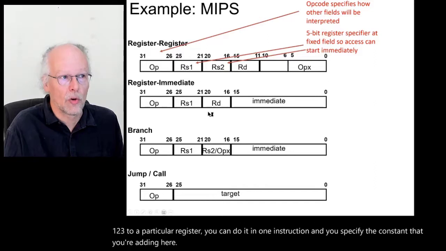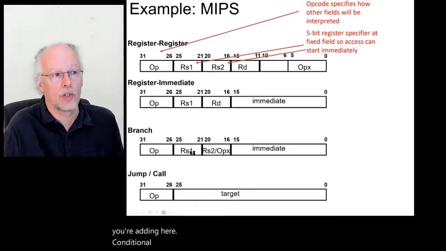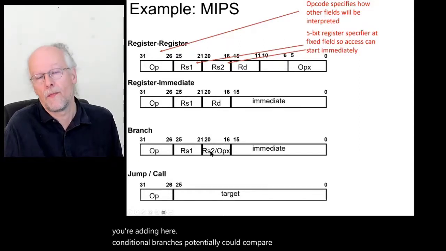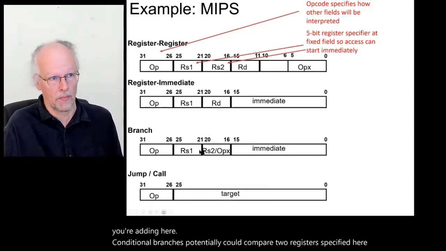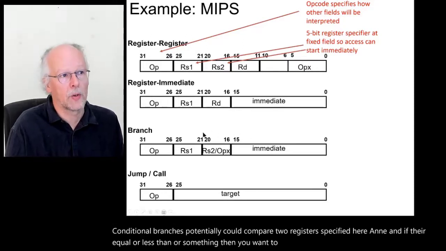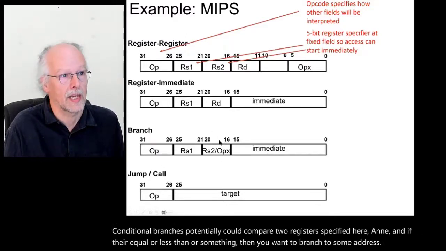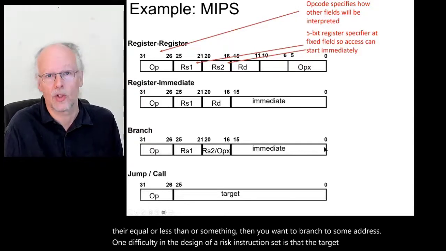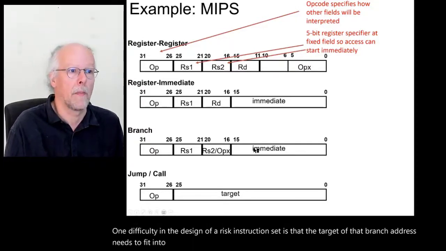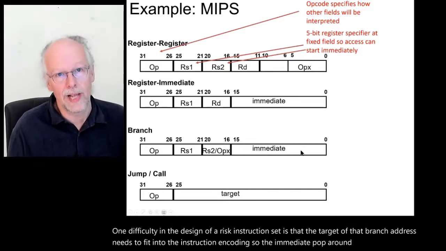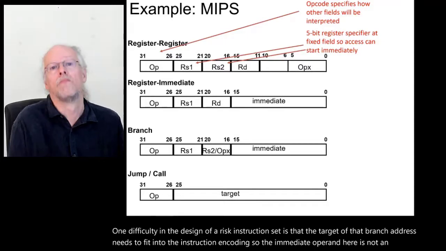Then there are conditional branches, with registers specified here, and if they're equal or less than or something, then you want to branch to some target. One difficulty in the design of a RISC instruction set is that the target of that branch address needs to fit into the instruction encoding. So the immediate operand here is not an absolute address, because that would require more bits.